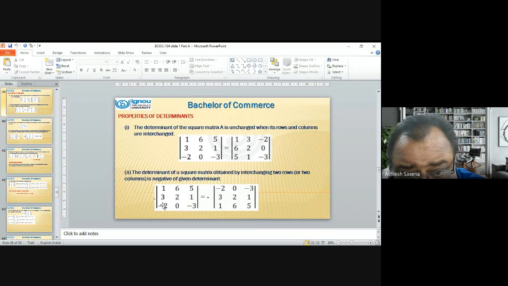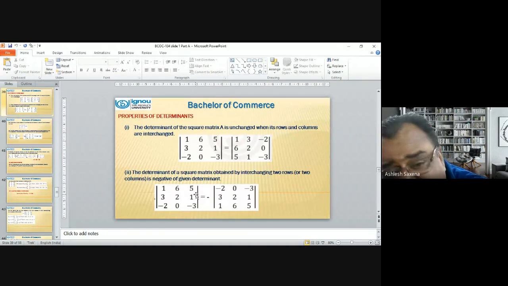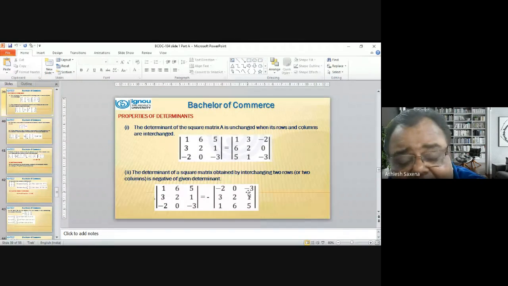No doubt this will come down, this will remain the same. If you change this, the determinant value will have the negative sign. If its determinant value is 6, after interchanging, its determinant value will be minus 6.